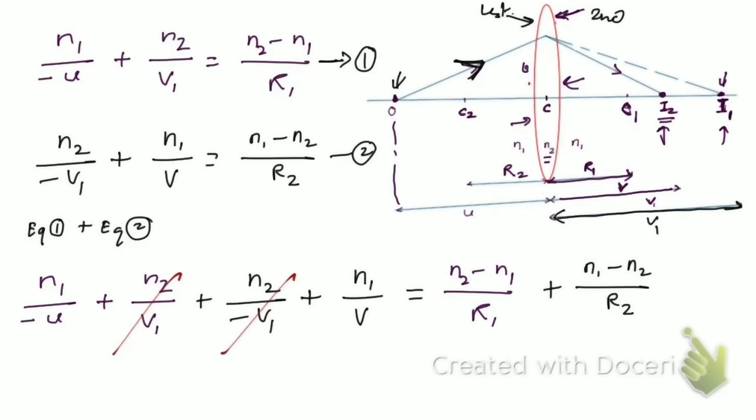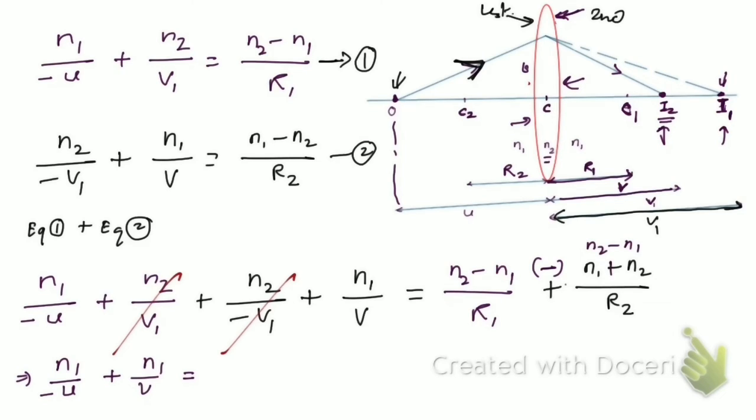And if we now simplify, then we can write this as n1 by minus u, plus n1 by v, is equal to, now if you take the minus sign common from these two, then this will be n2 minus n1, right?